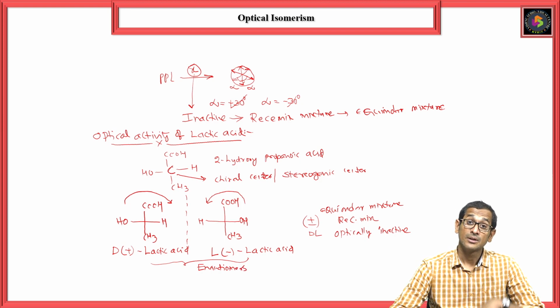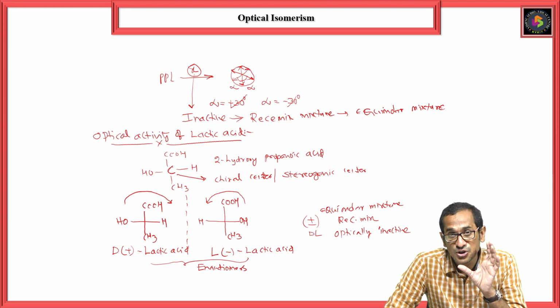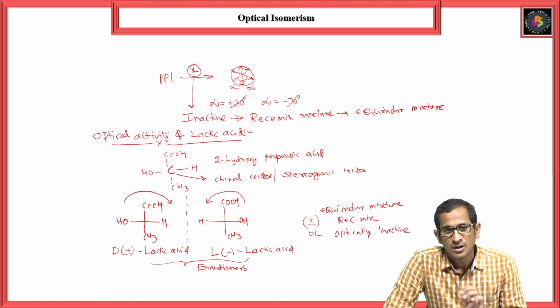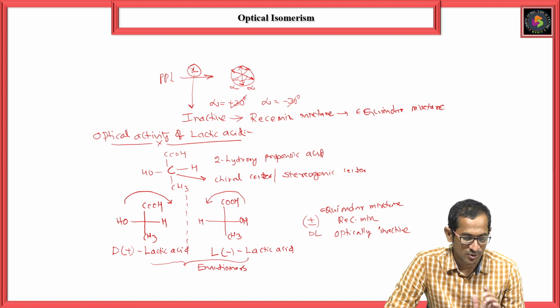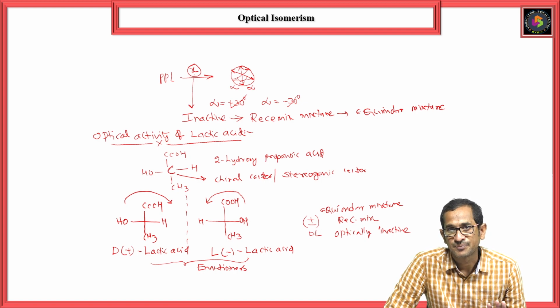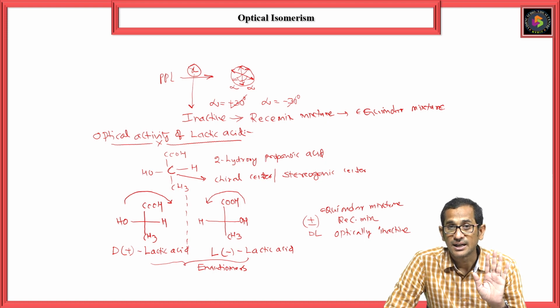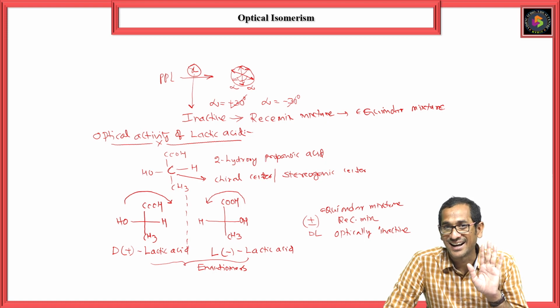What are enantiomers? Enantiomers are isomers in which one compound is the mirror image of the other and they are non-superimposable. If you see this lactic acid in a mirror, it looks like this, like our hands. If you keep your left hand in front of the mirror, it looks like a right hand.